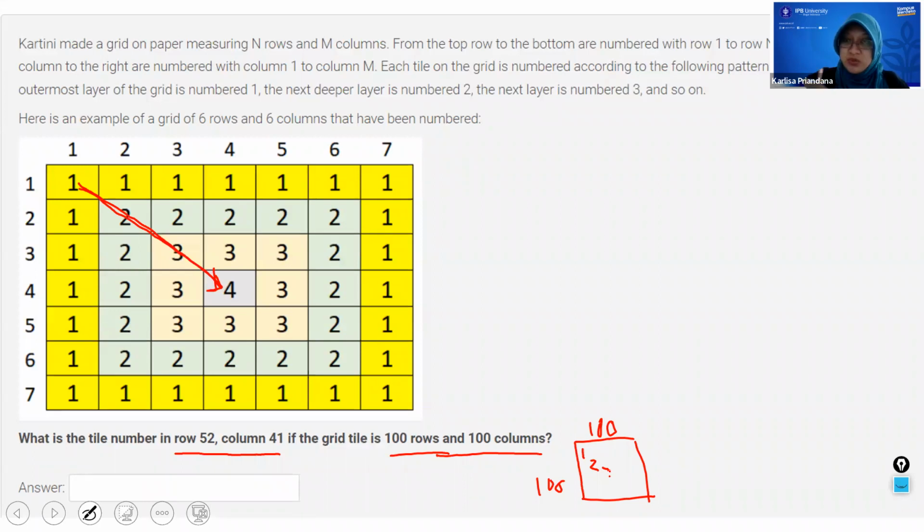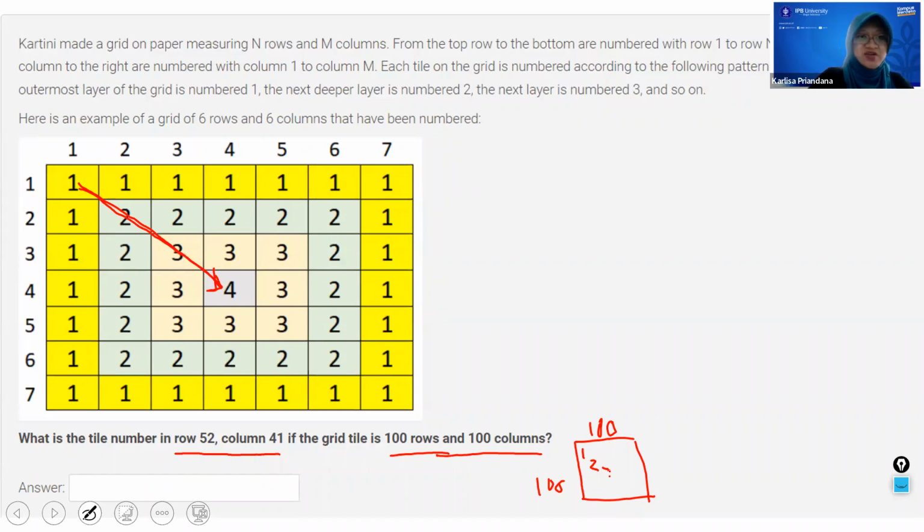Then it will continue until a point where 100 minus something is 41, right? So the numbers in column 41 will still be 41 until you reach row 59, following these rows.